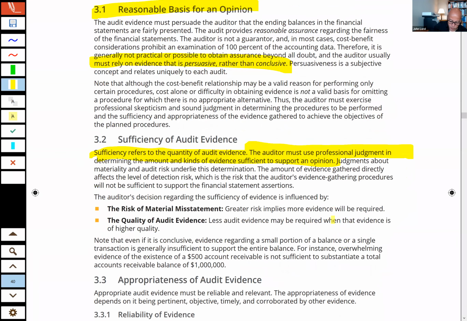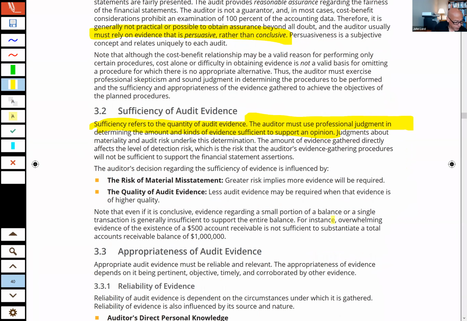Now, when we look at the amount of evidence, the sufficiency of evidence, it is influenced by the risk of material misstatement. So that really does what? That is really talking about extent, isn't it? We talk about the extent, the nature, and the timing of our audit procedures.